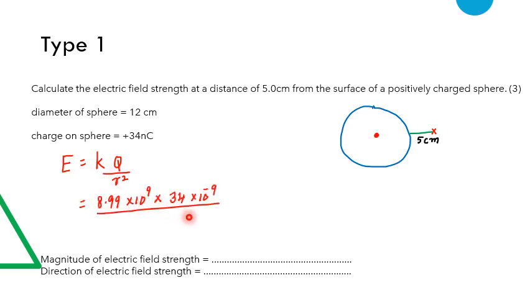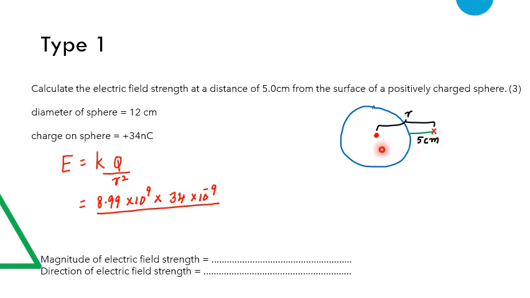I have substituted both values, and while doing the calculation, don't forget to convert nanocoulombs to coulombs. So the conversion is 10 to the power minus 9. Then we have to substitute the value for r. What is r? It is the distance from the center of the sphere to the point where we are calculating the strength of the electric field.